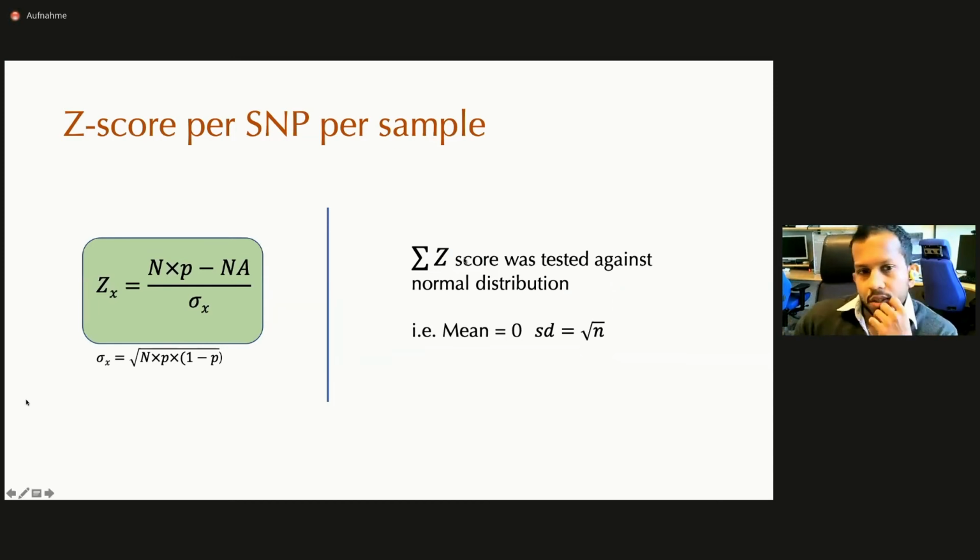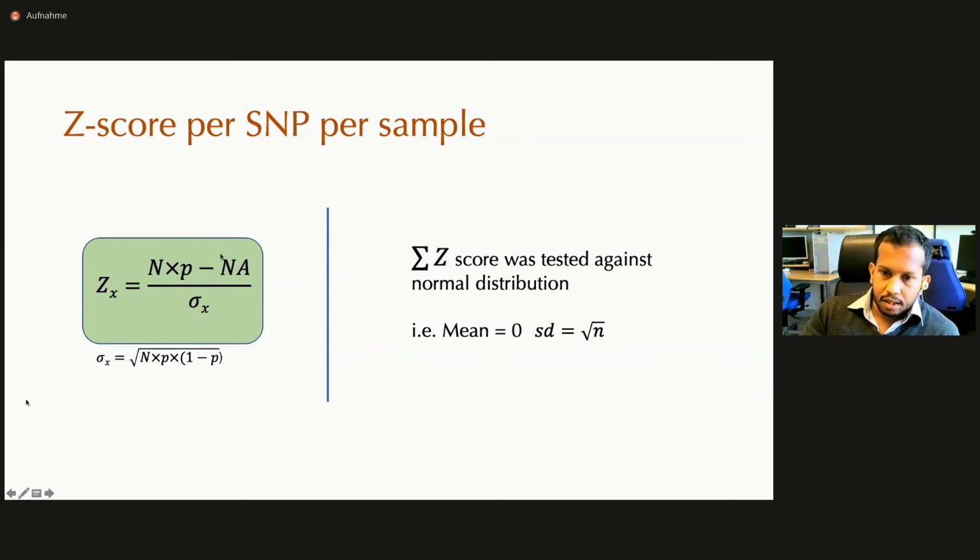Our approach to this is using a z-score per SNP per sample for heterozygotes, where we use the median or mean coverage of a particular SNP depth value for one of the alleles, divided by the standard deviation for a binomial distribution, where P is the probability of occurrence, or the success rate, of that particular allele.